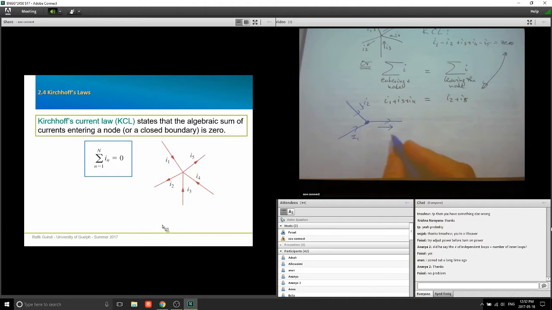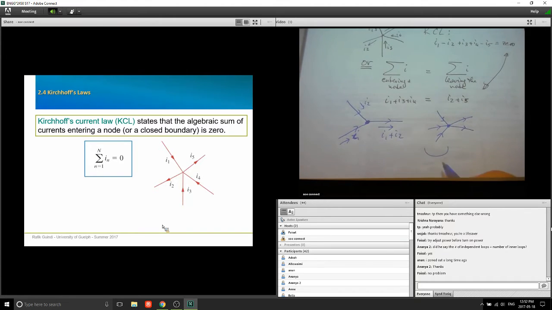That makes sense. So this has to be I1 plus I2. Now, if you have more than one current going out, let's say you have something like that.